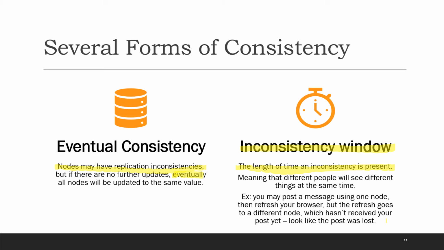So the time it takes for different nodes in the distributed system to have consistent data is called the inconsistency window, the window of time that data still remains inconsistent until finally the whole system becomes eventually consistent.